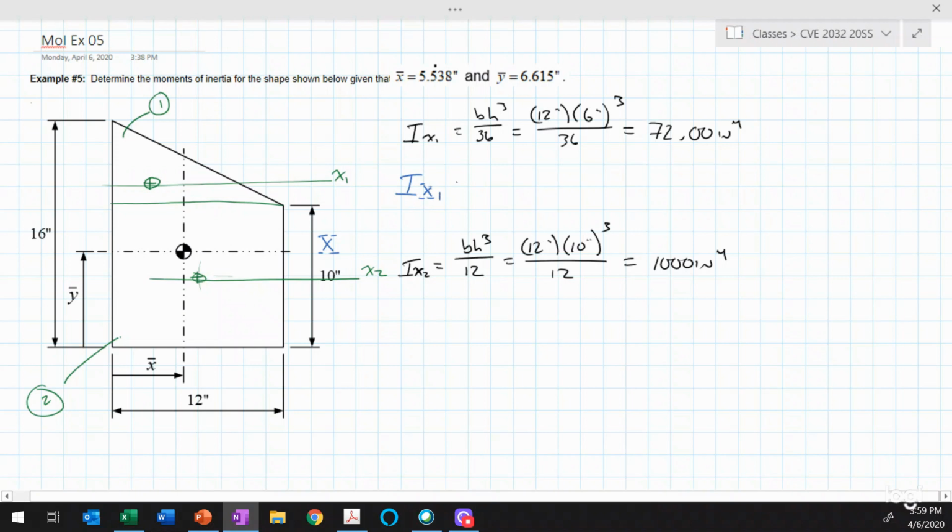That's the moment of inertia of sub-area 1, the triangle, about the big X axis. This is going to be equal to I sub little x1 plus A times d squared. We'll call that d1, and we'll call that A1. The distance d1 is this distance right here, the distance between the two axes that I'm converting.